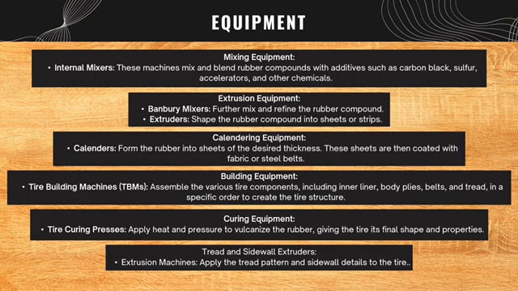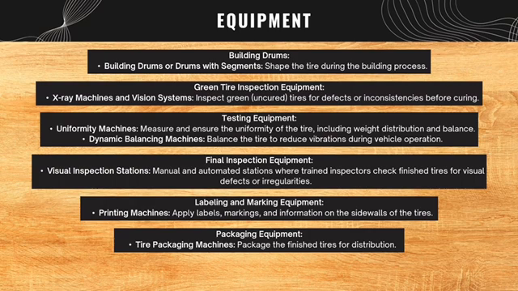Number 6, tread and sidewall extruders. Extrusion machines apply the tread pattern and sidewall details to the tire. Number 7, building drums, or drums with segments, shape the tire during the building process.